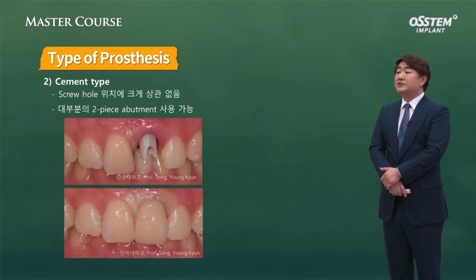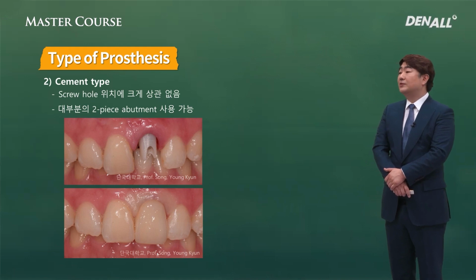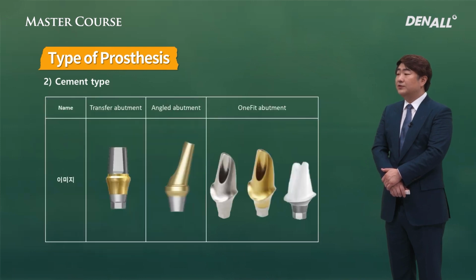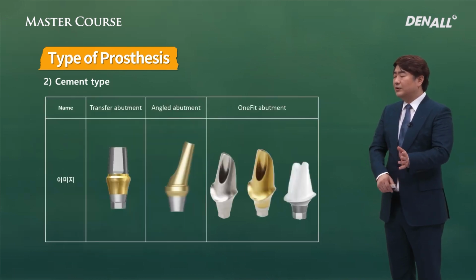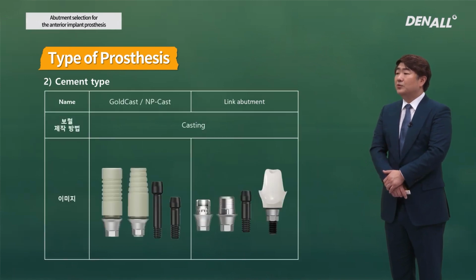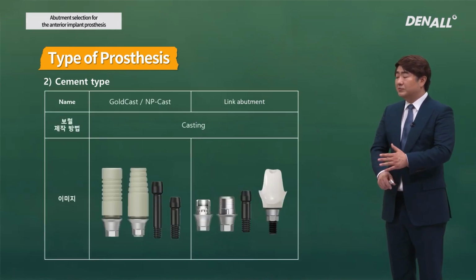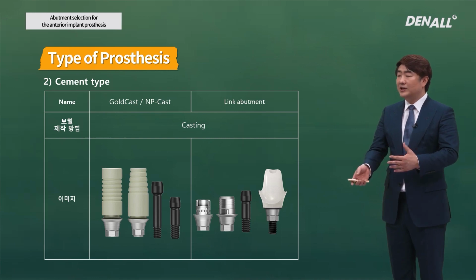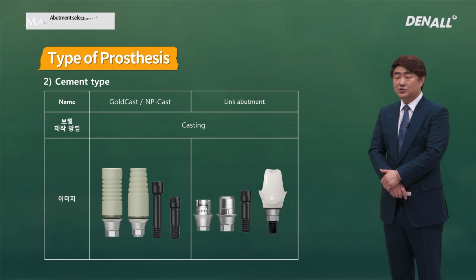And for the cement type, if the screw hole position is not important, any abutment can do. For the stock abutment or custom abutment, all are possible, but the gold cast abutment or link abutment could also be used to create the cementation type of abutment.